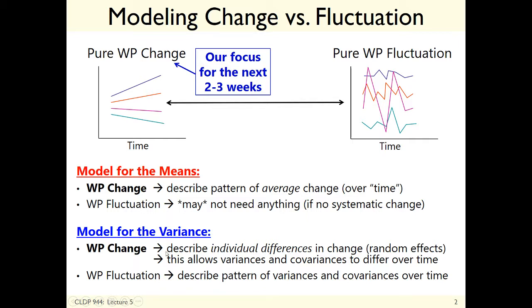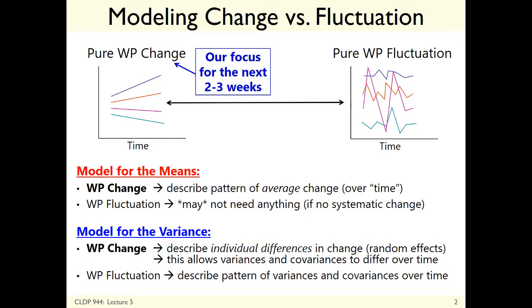On the other side, we're still going to have compound symmetry and unstructured as our worst and best fitting baselines, the latter only being available for balanced data. But now we're going to have new patterns. Rather than talking about non-constant covariance and variance because it's AR1 or Toeplitz or whatever, we're going to have random slopes for time that do the same thing.